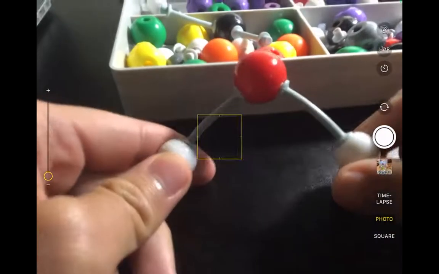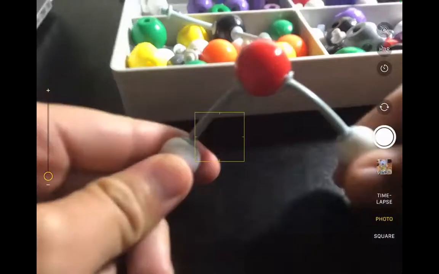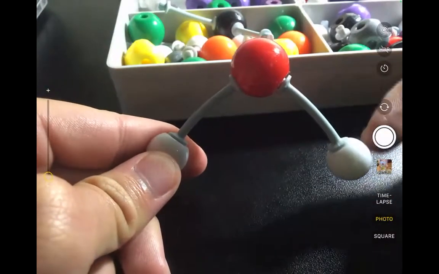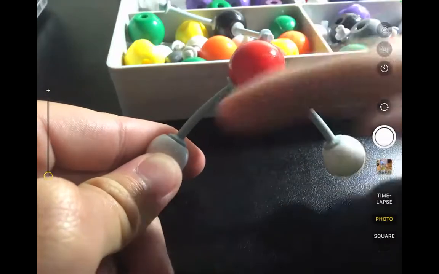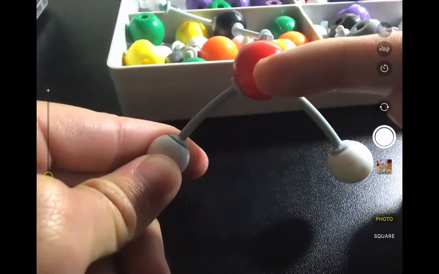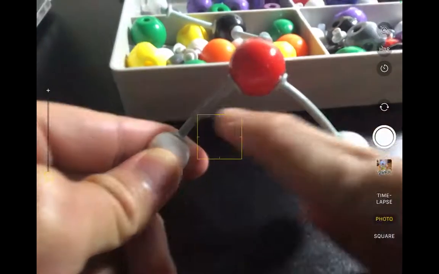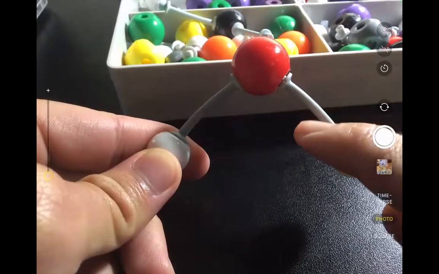In terms of the perspective drawing, if you guys are viewing it in this perspective, notice how the white sphere is in line with the red sphere. The white sphere is in line with the red sphere. And so you guys would use normal lines for your 3-dimensional depiction.